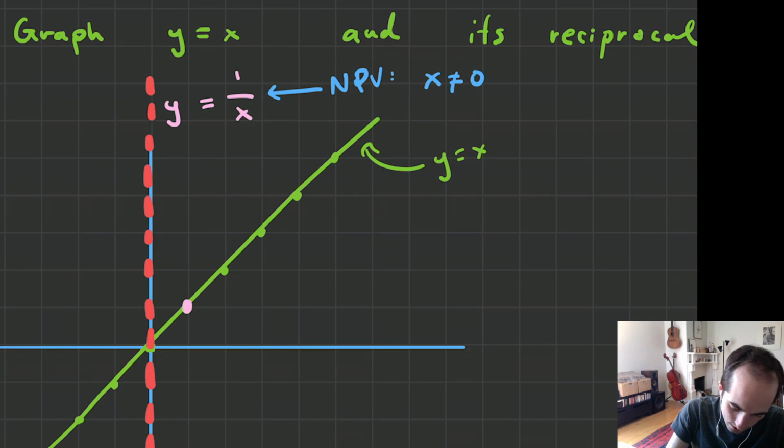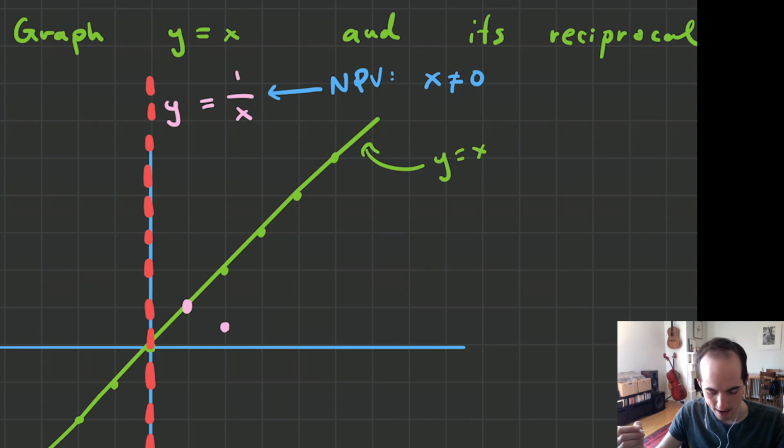Let's see where the next point is. When x equals 2, what is 1 over x? Well, when x equals 2, 1 over x would be 1 over 2, or a half. So there we go, we have a half now. What about this next point here? When x is equal to 3, we'll have 1 over 3, which is a third.